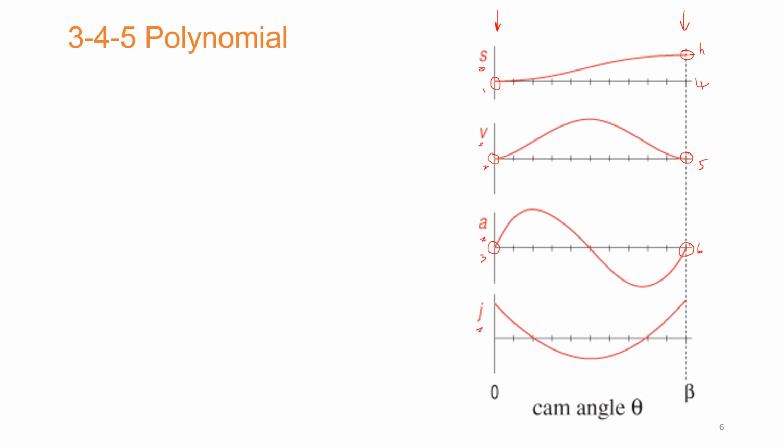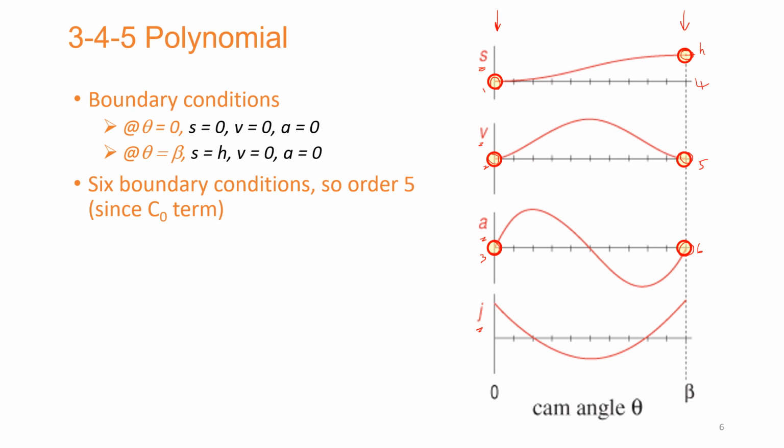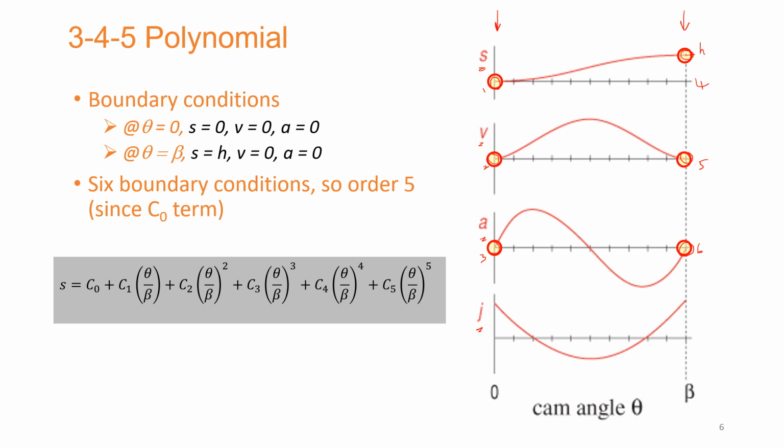So now referring back to the polynomial selection, we can define the size of this polynomial. And this is going to be a fifth order polynomial as illustrated right over here. Here it is. Now, in this particular case, you can once again see that when theta is equal to 0, S is equal to 0, V is 0, A is 0, as I've previously mentioned along this line.